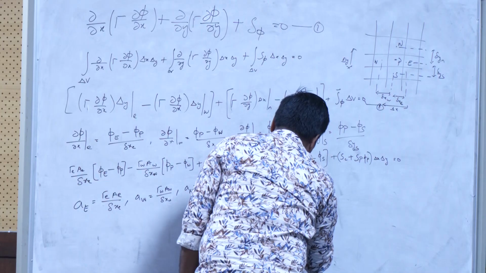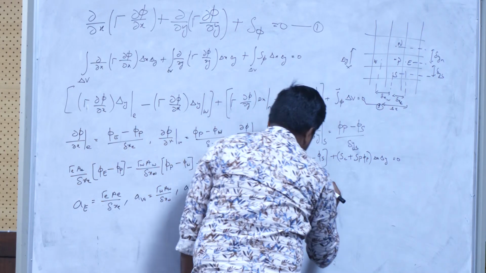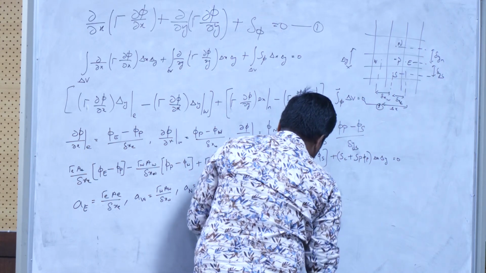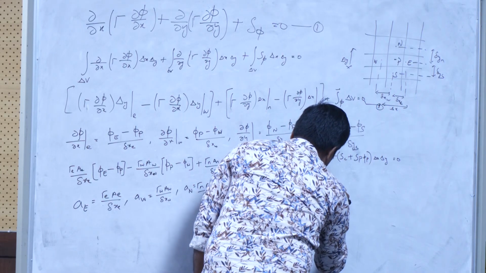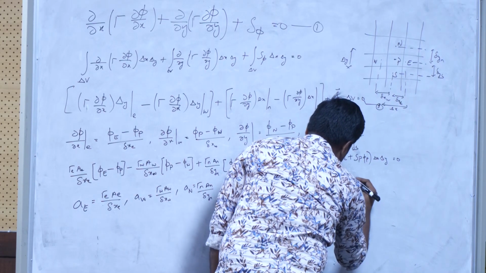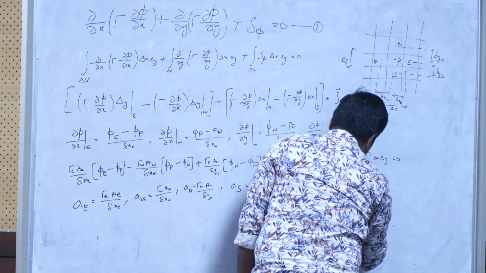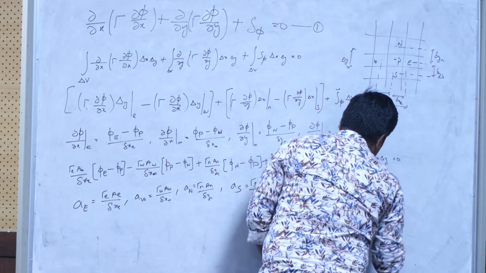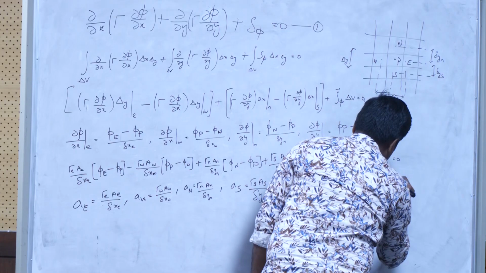And ap is written as ae plus aw plus an plus as, and the source term sp times del x del y.